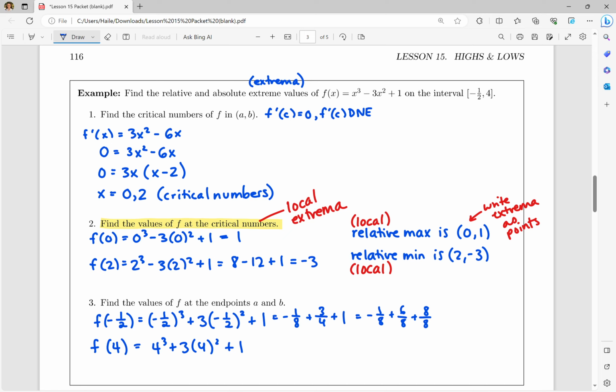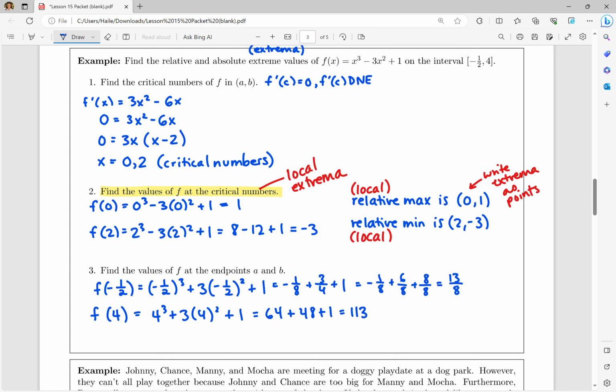What does that give us? 14 minus 1, so 13 over 8. In the case of 4, we have 64 plus 3 times 16 is 48, plus 1. So that gives us 113.